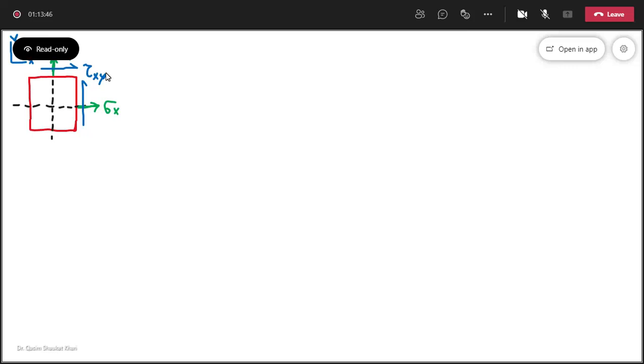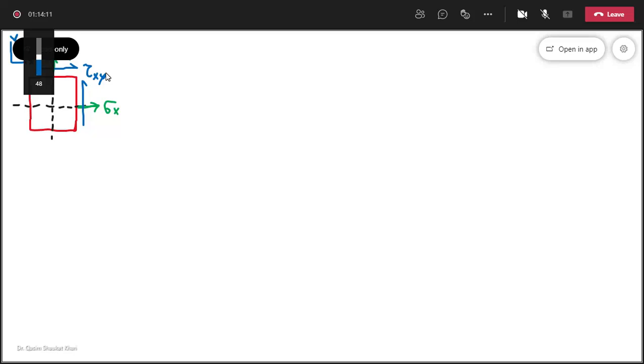X-axis, y-axis. Now the thing is, transformation of stresses means that if our axis is oriented at an angle theta with respect to this x and y axis, meaning our x-axis is somewhere here, y-axis is somewhere here, then how can we calculate transformed normal and shear stresses?